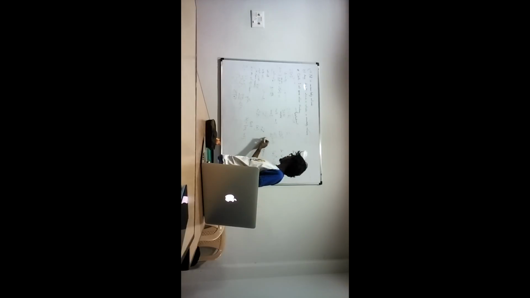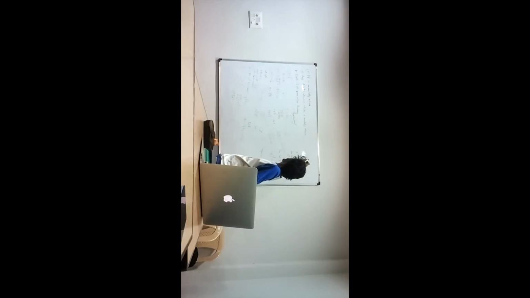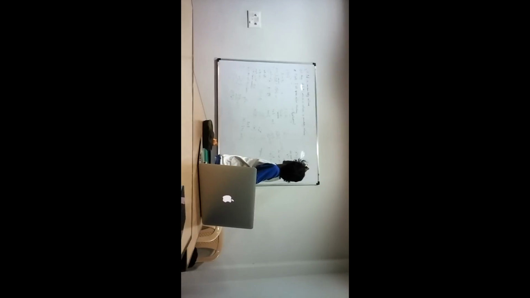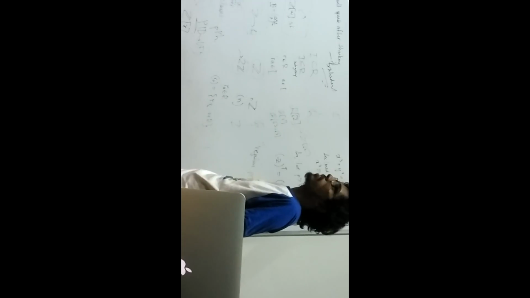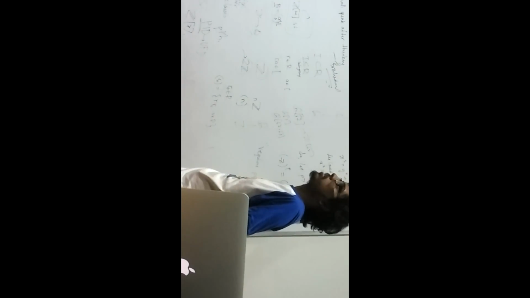And just as you have Z sitting inside Q, what is special about Z inside Q? Q is the fraction field of Z. Similarly, for Q root 2, you have a fraction field. It turns out that it is Z adjoin root 2. In general, it is not true. For instance, for Q adjoin root of minus 5, its fraction field is not Z root minus 5, because minus 5 is congruent to 3 modulo 4.